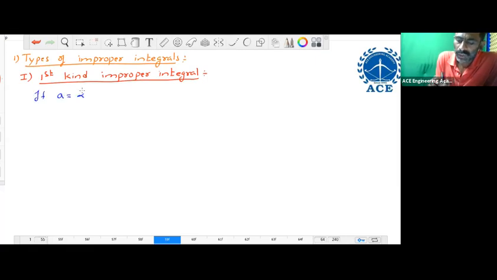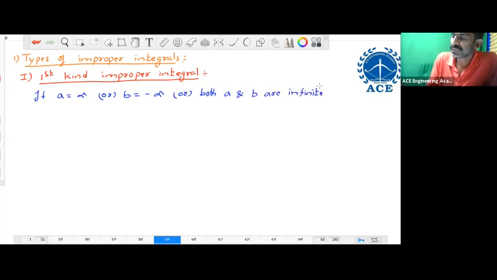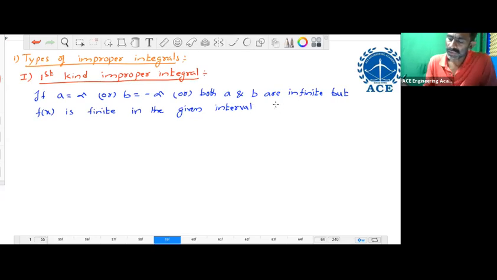If a equal to infinity or b equal to minus infinity, or both a and b are infinite, but f of x is finite in the given interval.